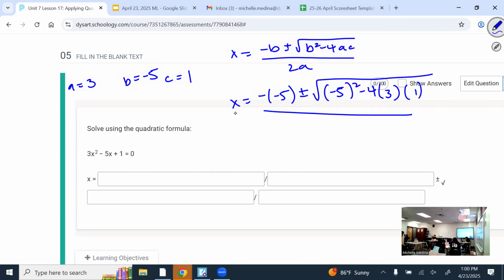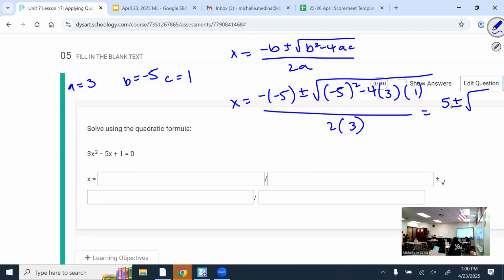All over 2 times A. Okay, so me plugging everything in, negative 3 squared, and then 4AC over 2A. What happens to the negative 5? It becomes positive, plus or minus.